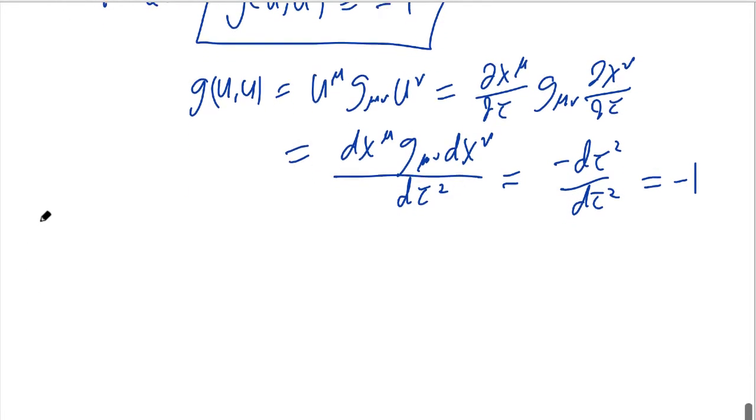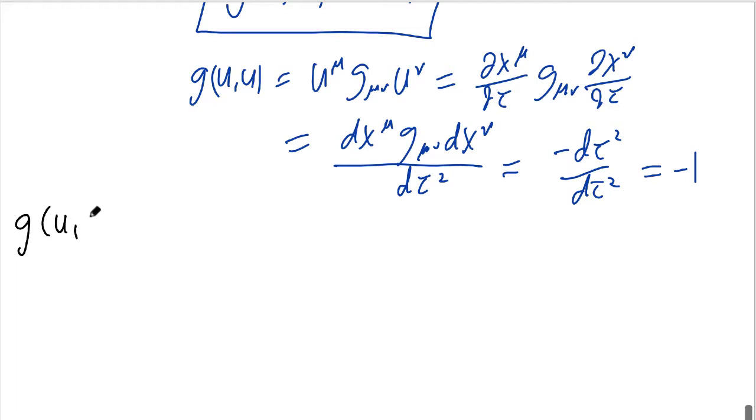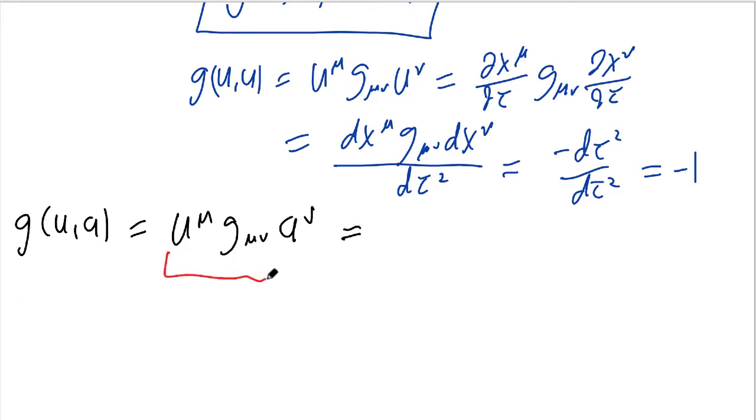So we'll use that in computing this quantity. We have the inner product of u and a, that's u mu, g mu nu, a nu. Before I go on, let me use the following notation. Remember, this is a covector, the covector obtained by letting the metric act on the vector u. We usually denote the components of that covector as u with a lower index, u nu. We refer to this process as lowering the index. So this is u nu, a nu.